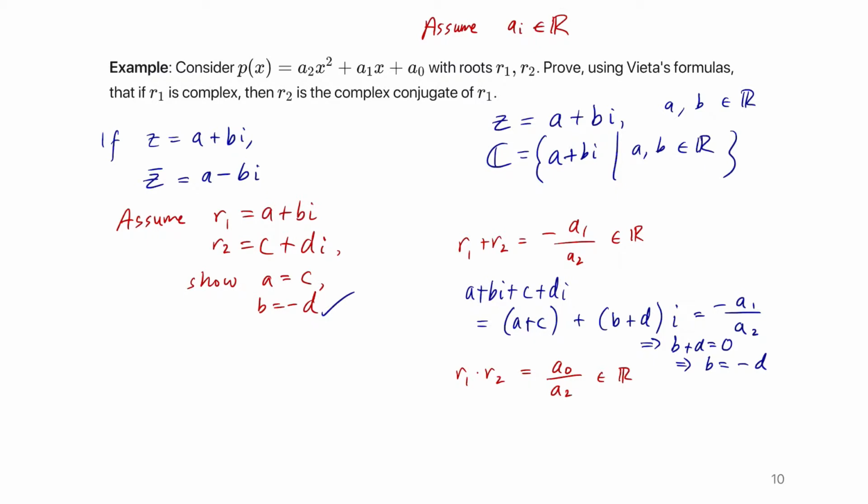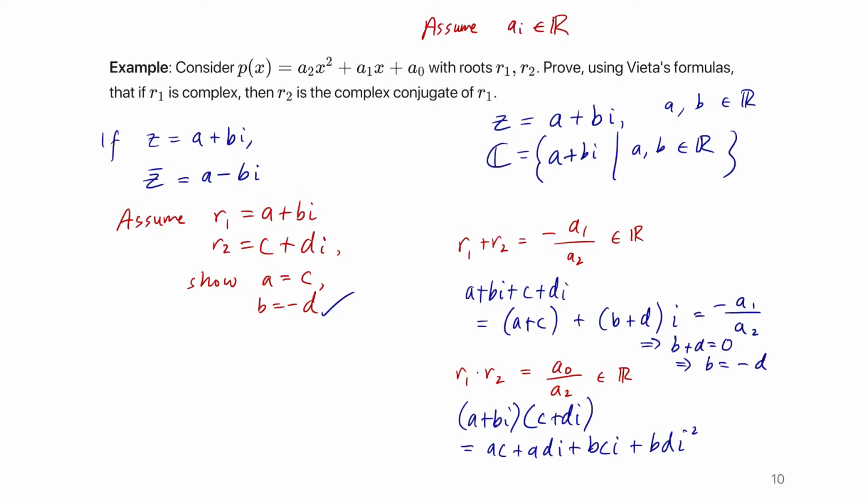Now we just need to show A and C are the same, and then we're done. And we can do that with this product thing. So why don't we multiply A plus BI, C plus DI. That gives me A times C plus ADI plus BCI plus BDI squared.